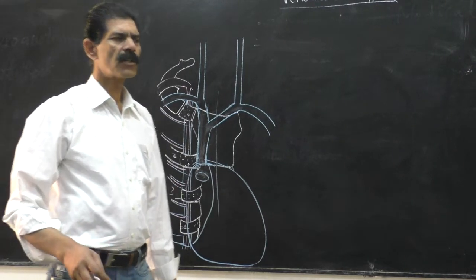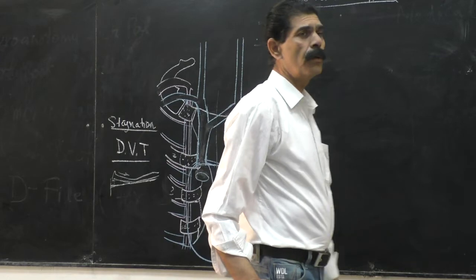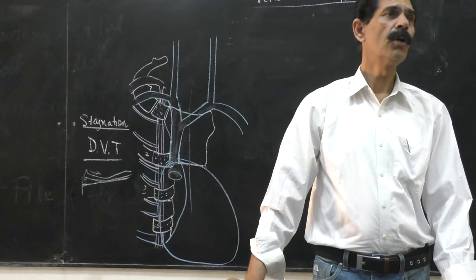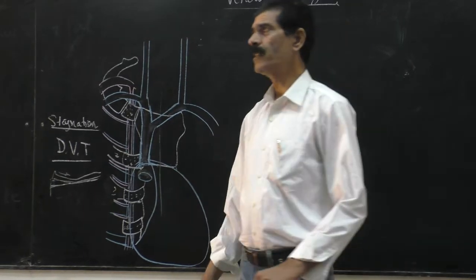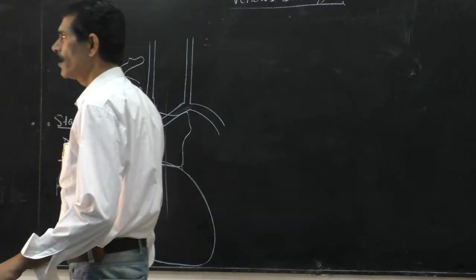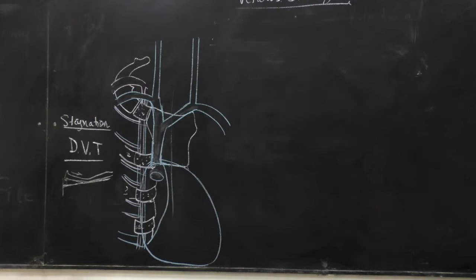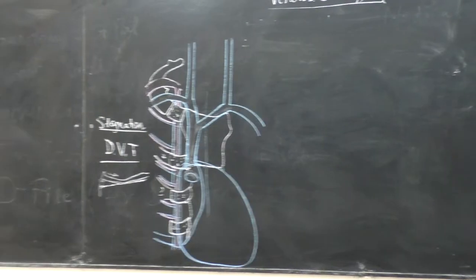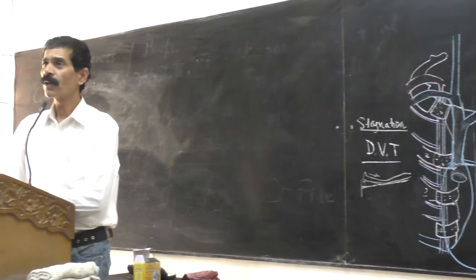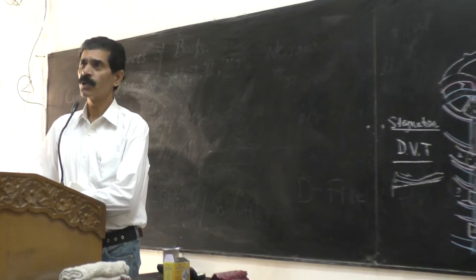The word azygos means having no pair, alone, unpaired. Again the Greek word. I have told you that anatomy is nothing but the collection of 3,500 odd words. So this word is also azygos. You are listening for the first time in your life, and you have to remember it your whole life. That is most important.